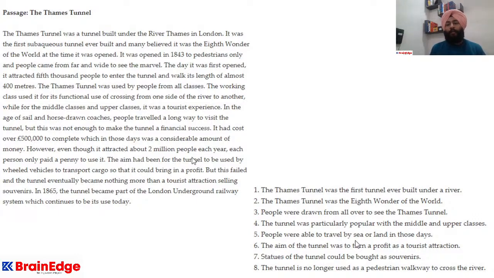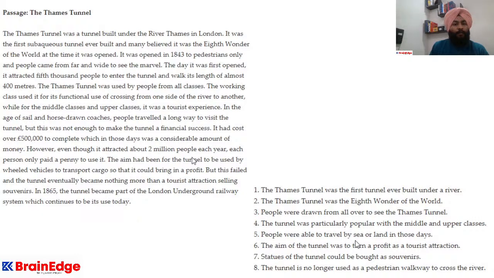Now moving towards your next question. The aim of the tunnel was to turn a profit as a tourist attraction. A very good question. The main aim, the focus of the tunnel was to turn a profit. They wanted to raise some revenue, some capital, as what? As a tourist attraction? Let's see.